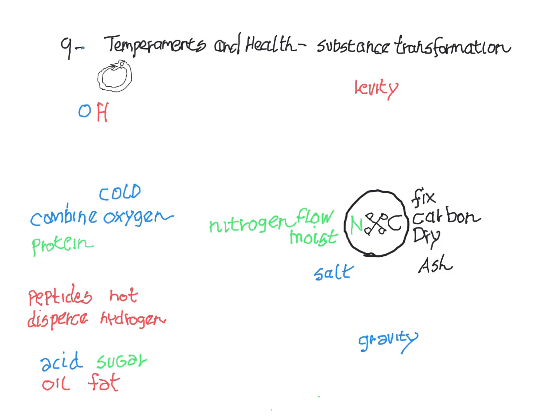So the chemical element that is connected with the gravity pole, or salt and ash linked to each other, is oxygen. And oxygen has the quality of combining things. It creates conditions out of a quality that in temperament is known as cold.